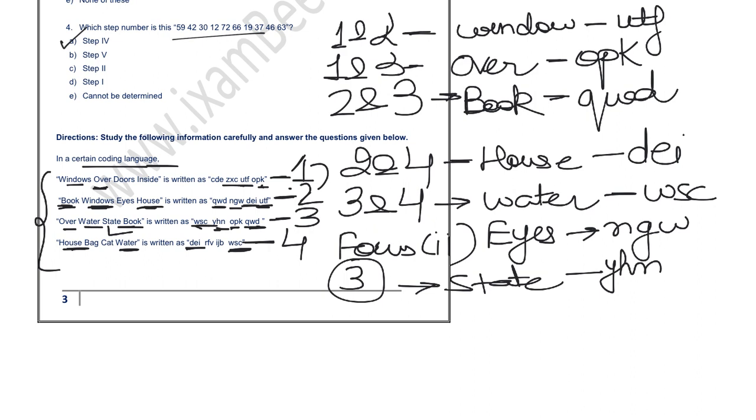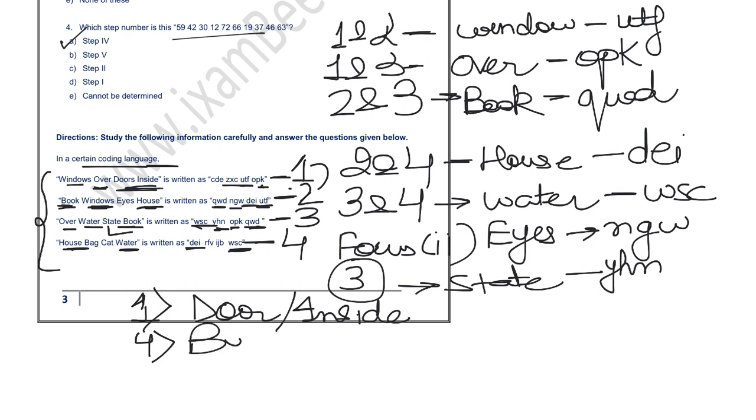Similarly, if you focus on the first equation or the fourth equation, two words will be left as of now in your first equation. First one is your door and second one is your inside. And if you focus on your fourth, then bag and cat are left.